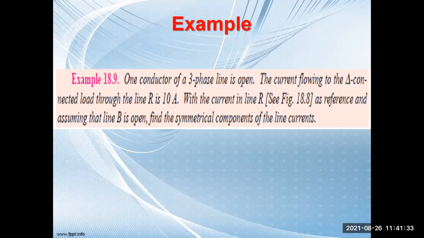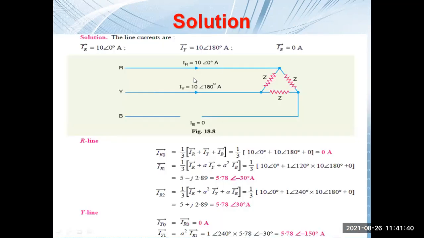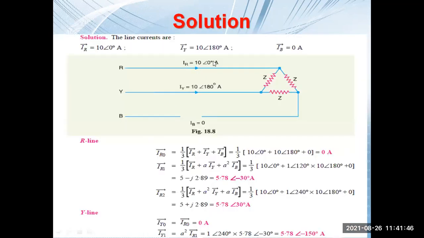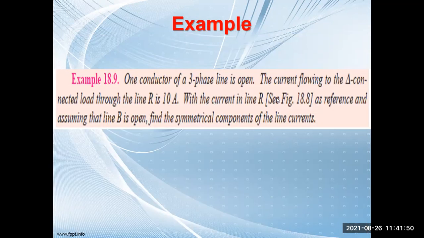The circuit is delta connected and the current through the red phase is 10 ampere. We'll see with the help of this diagram. This IR, the red phase current, is 10 ampere, so it is 10 angle 0, let us say.